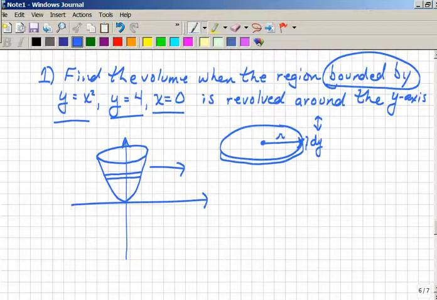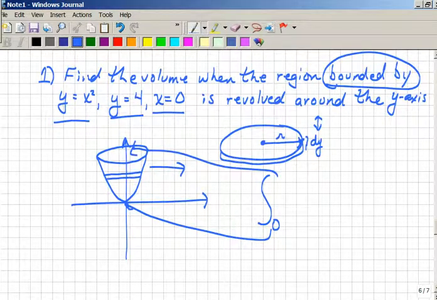Right. And in order to find the volume, very similar to areas that we did in the last video, we're going to use an integral, and we're going to integrate that from the bottom of the bullet tip, which is at 0, to the top of the bullet, which was at 4.